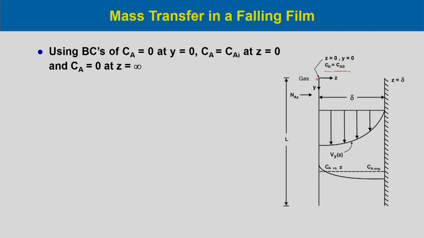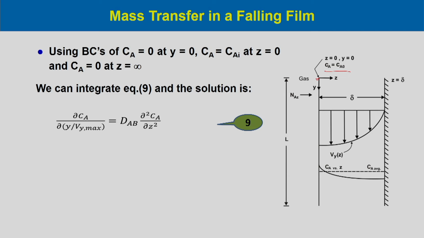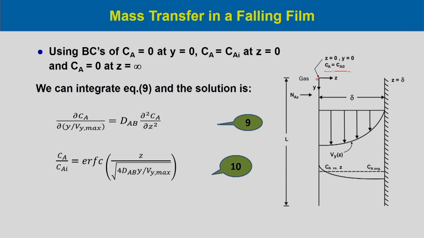If we use these boundary conditions, we can integrate equation 9, and we will get C A by C A i is equal to the complementary error function of z by root over 4 D A B y by V y max.